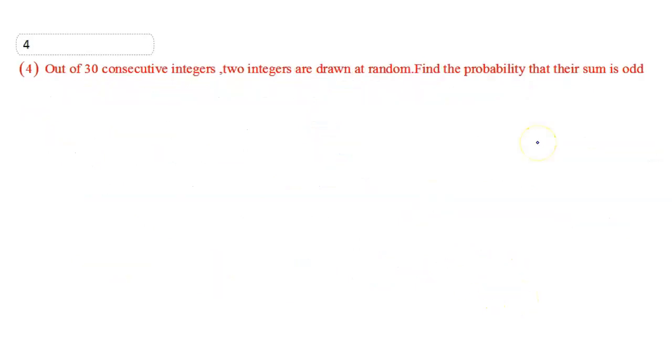Next question: out of them, their sum is odd. So here the solution is, first we need to draw two integers out of 30 consecutive integers.